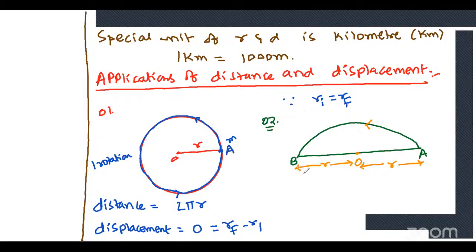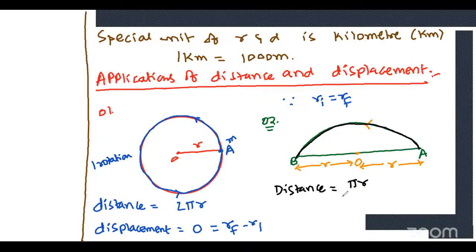So in this case, distance, same as before, means the path length from A to B. That is nothing but the circumference of a semicircle, which is pi r.